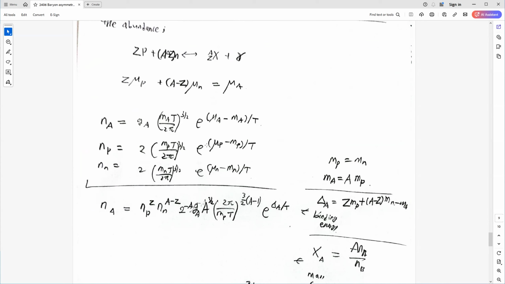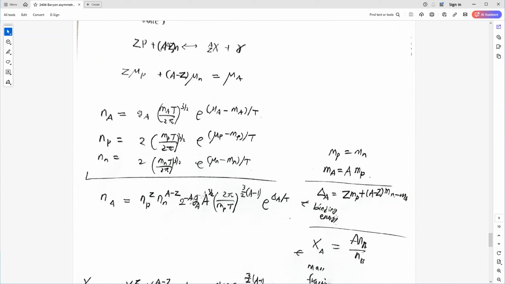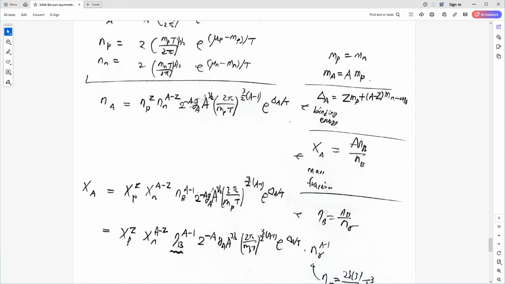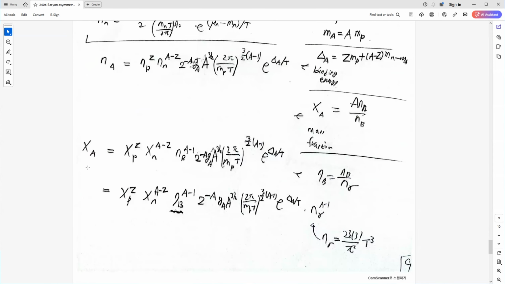And by using the chemical potential relations and also the binding energy and the mass fractions, we can obtain the Saha equations. The final result is that, for some specific kind of nucleus A, the mass fraction X_A can be given in terms of other quantities, and especially eta_B, which is the baryon asymmetry of the universe.